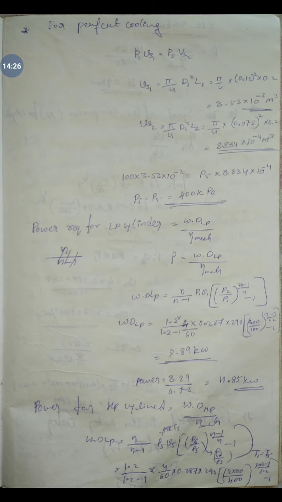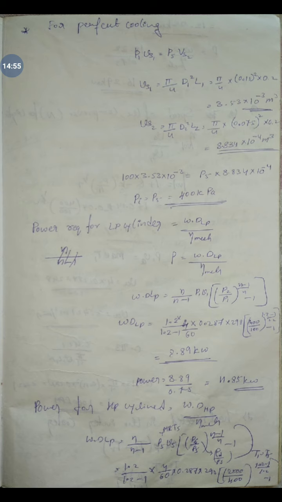So 4 divided by 60 is in kg per second, into R value is 0.287, and T1 he has given 25 degrees centigrade. So it is 298 degree Kelvin. So P1 V1 is replaced by MRT1, and in the bracket it is P2 by P1 to the power of N minus 1 by N, minus 1. So P2 is also equivalent to P5.